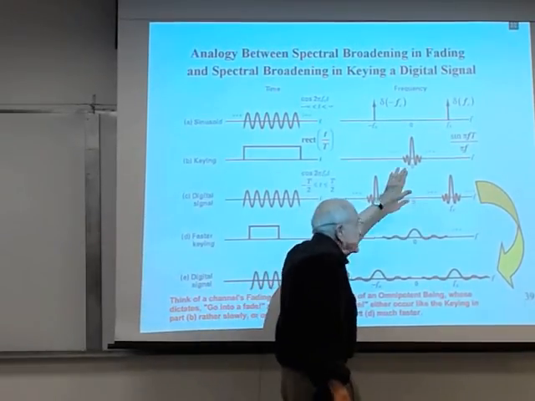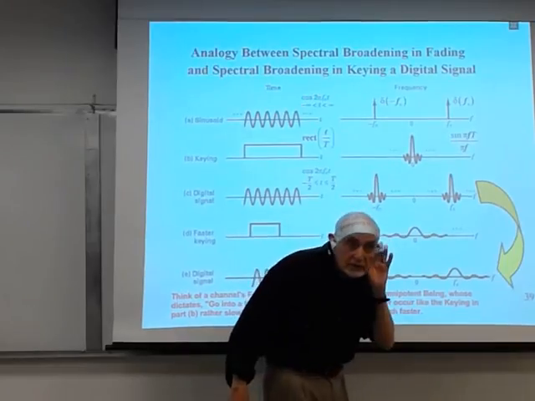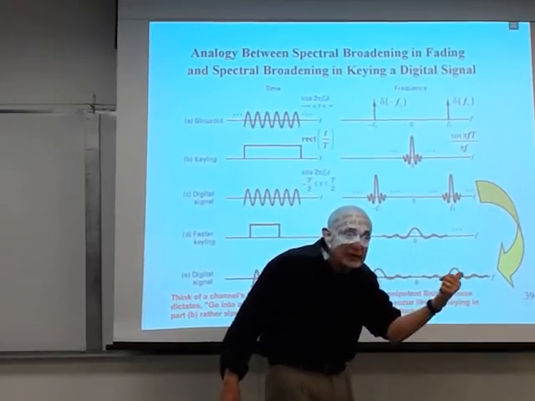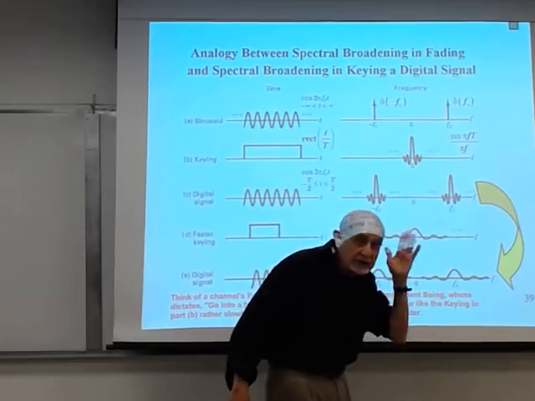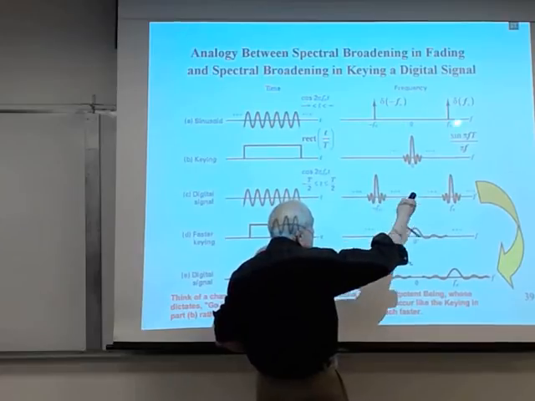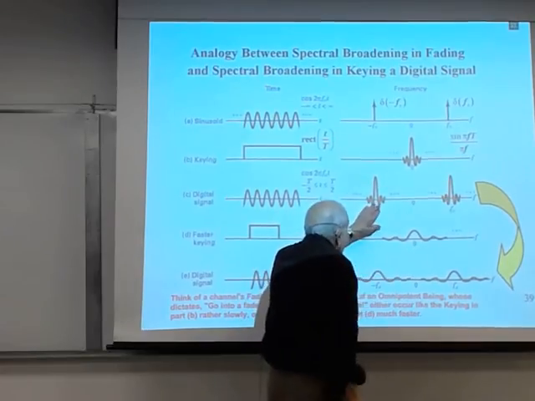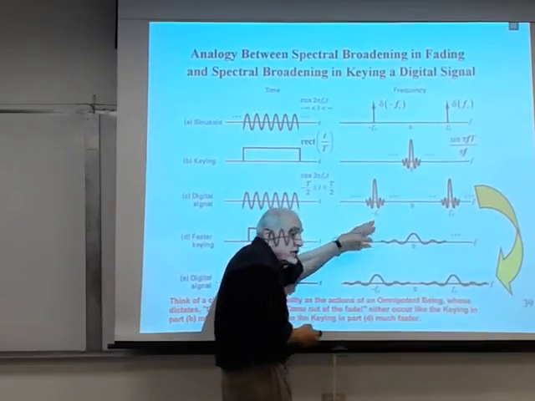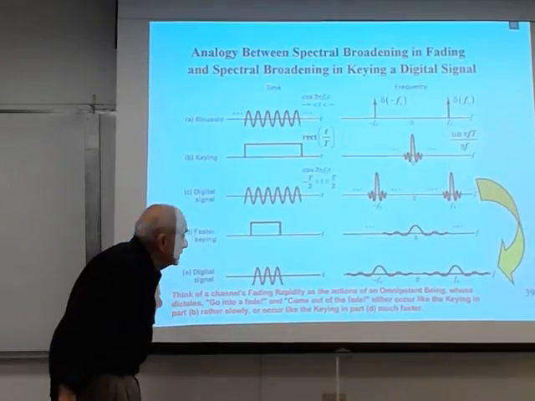And of course, in the frequency domain, I'm not going to multiply. What am I going to do? Where I multiply in one domain, I do what in the other domain? I convolve. So I convolve this sinc function with these impulses, and there you have what comes out as a result of keying. This is the spectral picture of a keyed sinusoid.